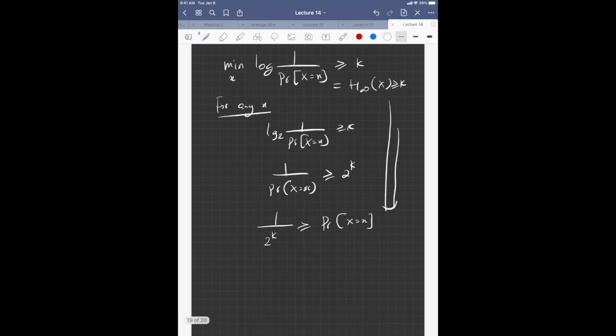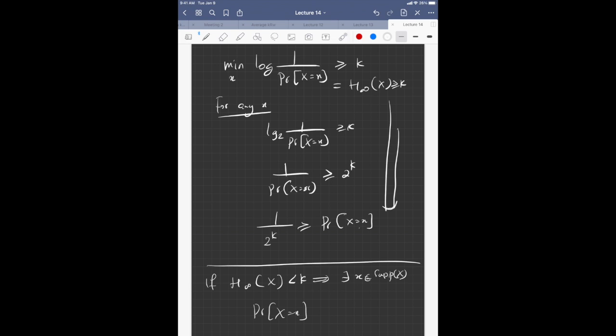So this is what I'm claiming: if h infinity of x is strictly smaller than k, then, because we know that if h infinity of x is at least k, all of the x's would have probability at most this much, and that is not true here, we get that there exists some x in the support of X such that the probability of X being x is strictly greater than 1 over 2 to the k.